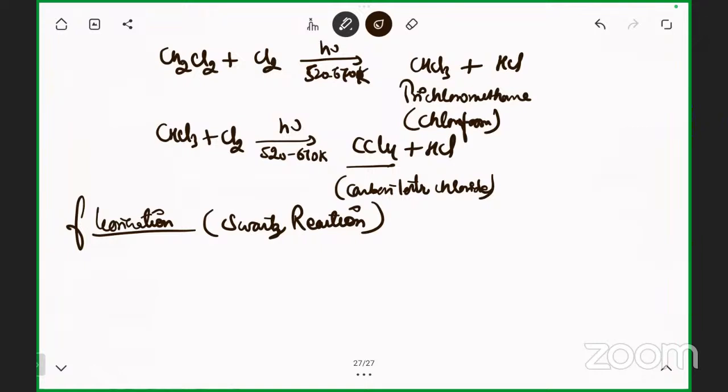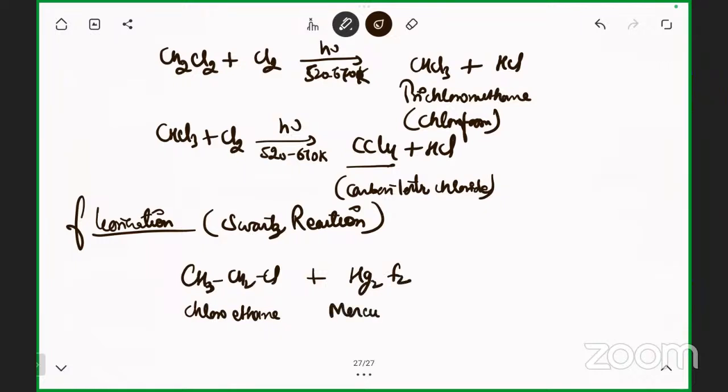Okay, fluorination, so in this particular reaction, Swarts reaction, what will happen? CH3CH2Cl, that is chloroethane, reacts with Hg2F2, that is mercurous fluoride.